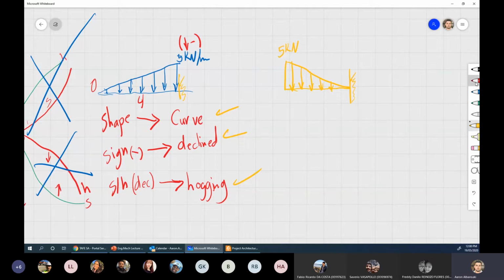The shear force diagram for that, if we follow the same thing, is curved. The sign here is negative, so it's decreasing, correct? But the magnitude started at -5 and finished at 0.